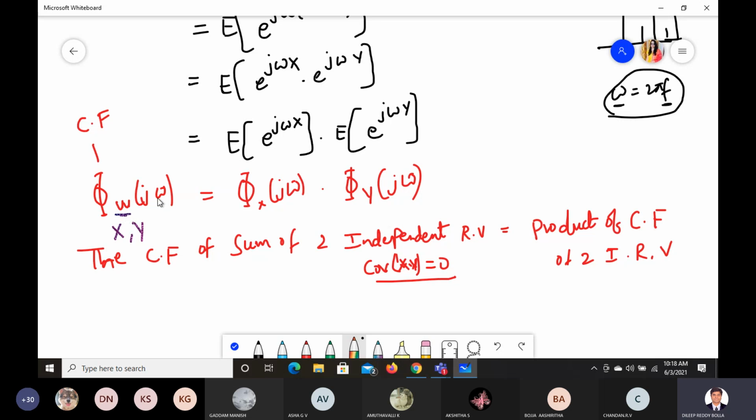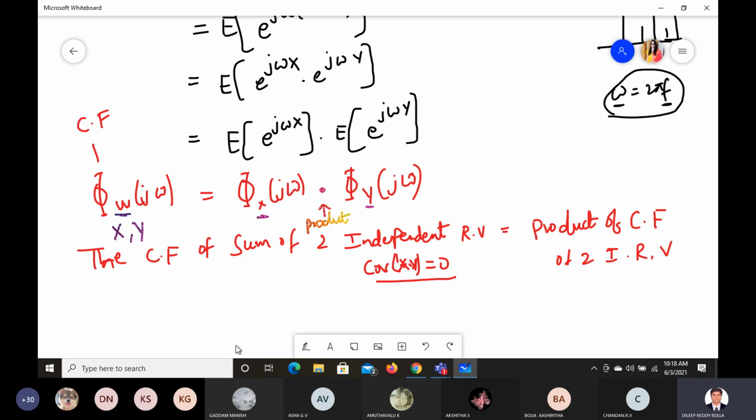If you are trying to find the characteristic function of the sum of the two independent random variables, then it is going to be the individual random variables' characteristic functions multiplied together. Is that clear? It is a product. So that's the conclusion of this.